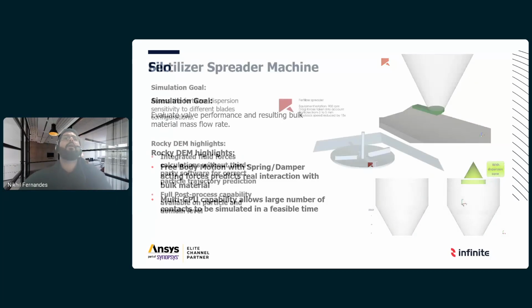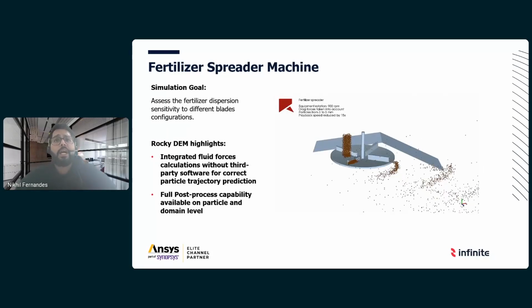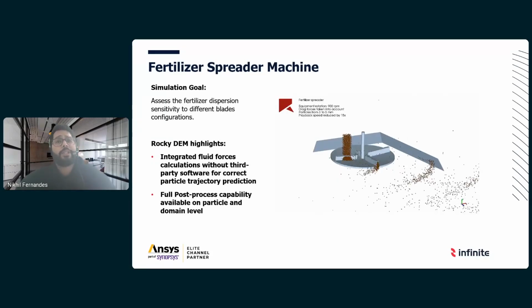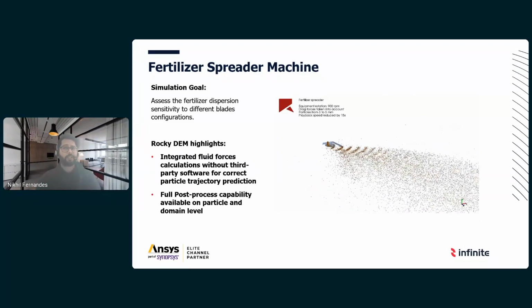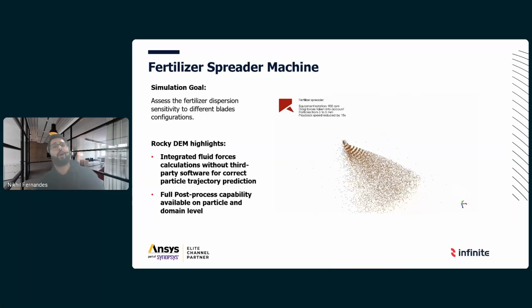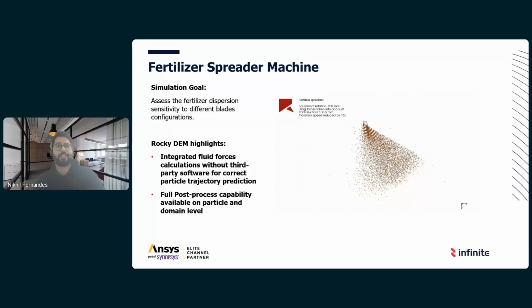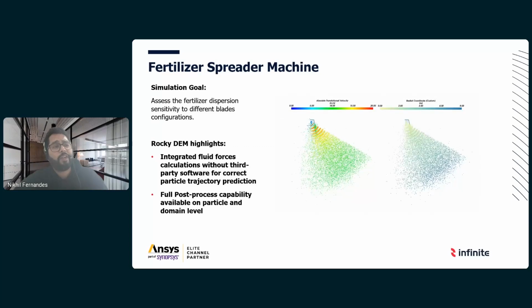We can also incorporate the influence of air on the particles. Inside the software, it's called the one-way constant fluid to particle coupling, and this is incorporated into the software itself. So you can have stagnant air or a constant velocity of air.